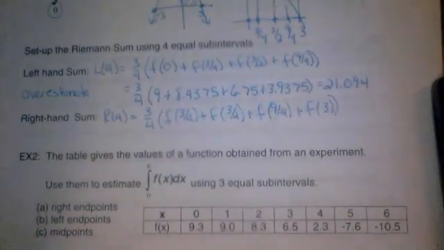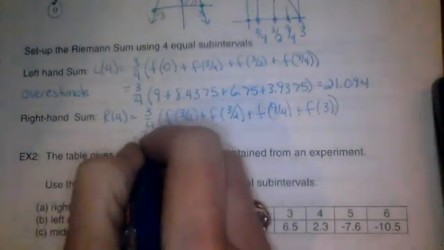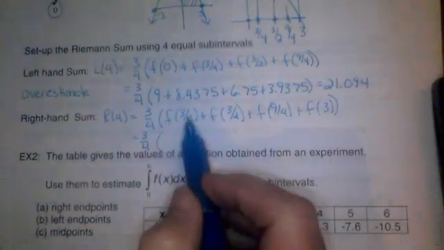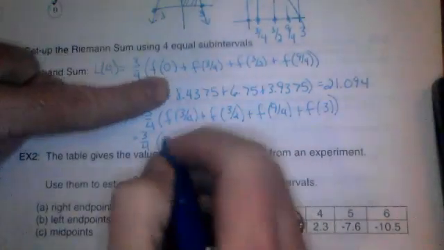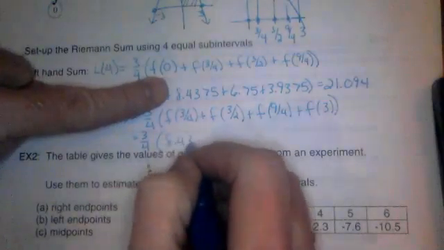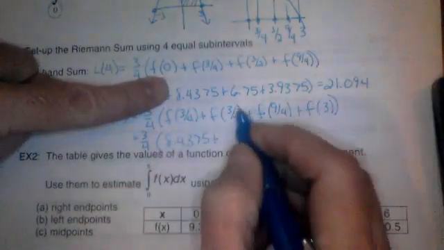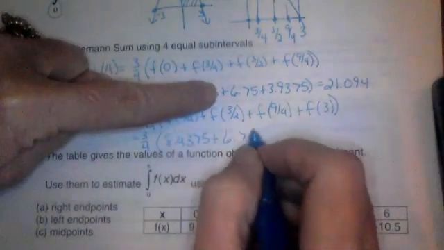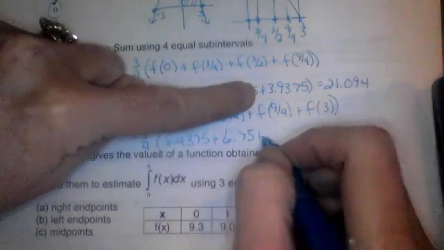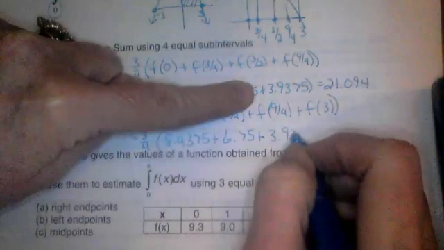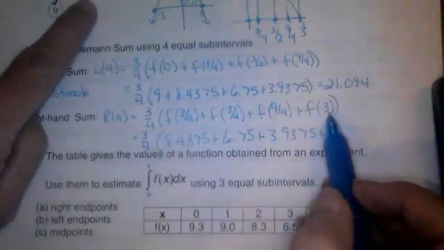So we're going to plug all those values in. Some of those we already have. The f of 3/4 was our second value here, so 8.4375. The 3/2 was 6.75. The 9/4 was 3.9375. And f of 3, that one's a pretty easy one to put in.